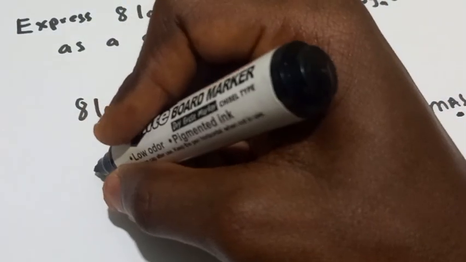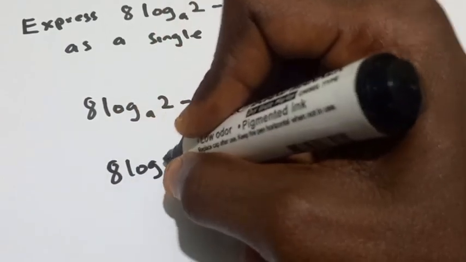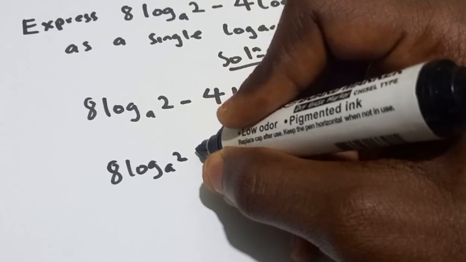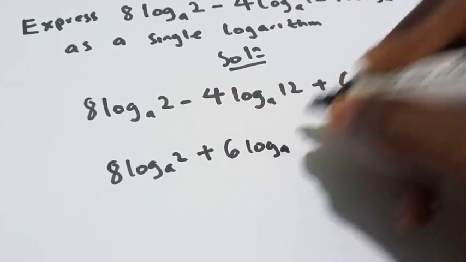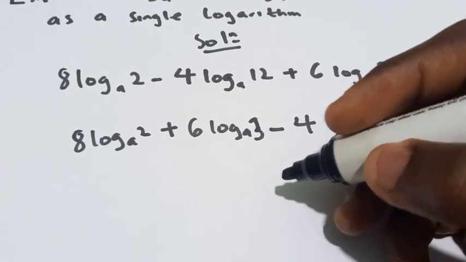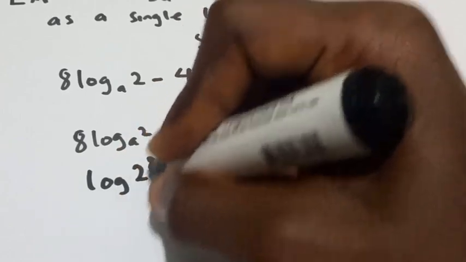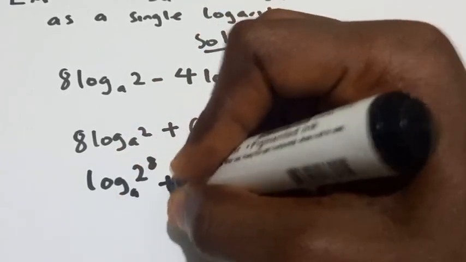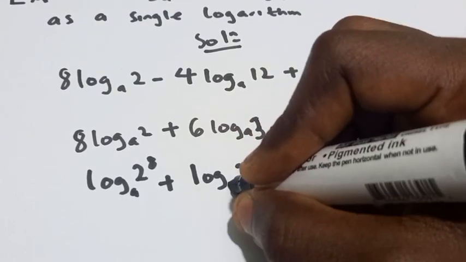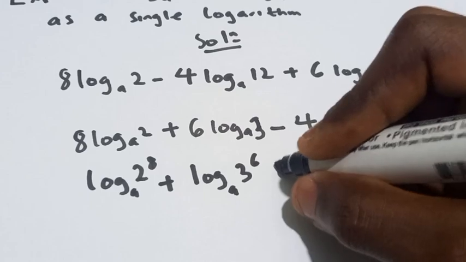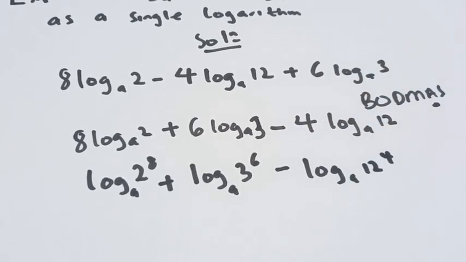So we must first add the positive ones before doing the subtraction. So we have 8 log base a of 2 plus this. Then we have log base a of 2 raised to the power 8 plus log base a of 3 raised to the power 6 minus log base a of 12 raised to the power 4.